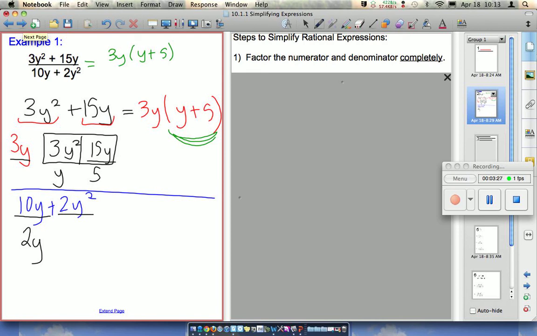So that means that inside my rectangle, since there was a common factor, my problem starts like this. I'm going to use a smaller rectangle and just factor out 2y. 2y times 5 equals 10y, and 2y times y equals 2y squared.